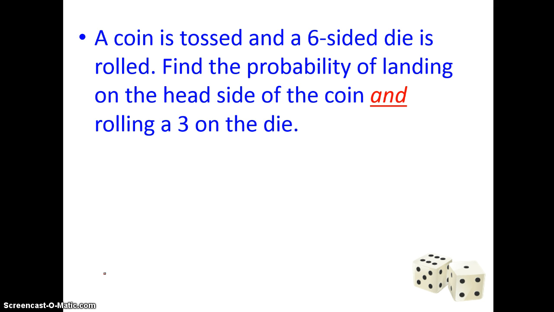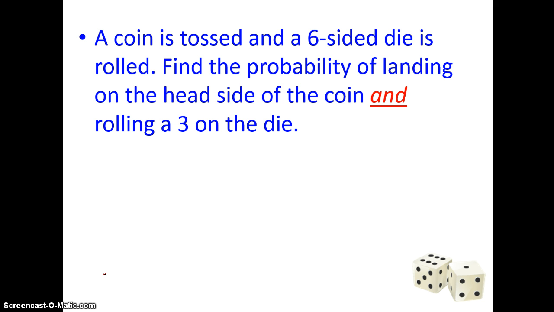So here we have a coin that is being tossed and a six-sided die that is being rolled. Two separate events. One has no effect on the outcome of the other, but two separate things are happening. So we can't add because this coin is not connected in any way to this number cube or this dice.